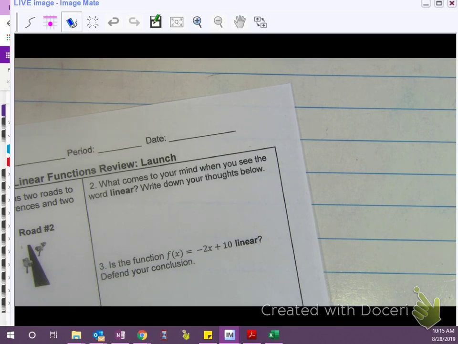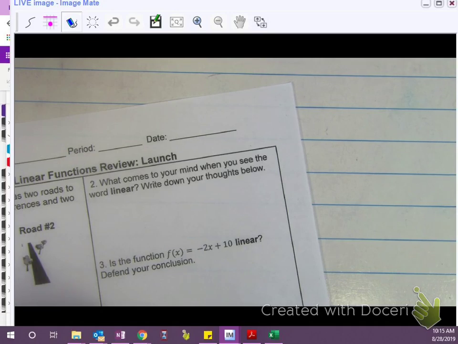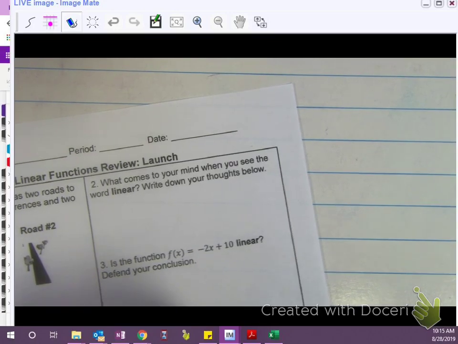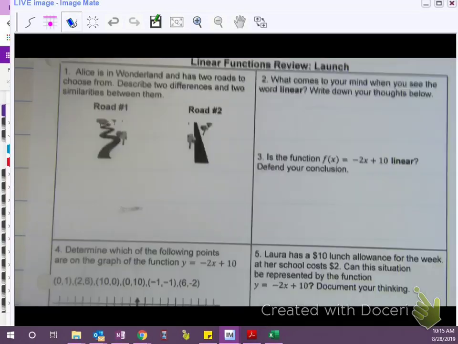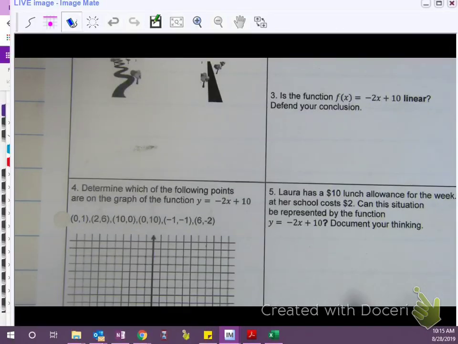Which of the following points, so let's see. Over here on the back left, which of the points are on the graph? 2, 6, 0, 10. So this one, 2, 6, 0, 10, and 6, negative 2.